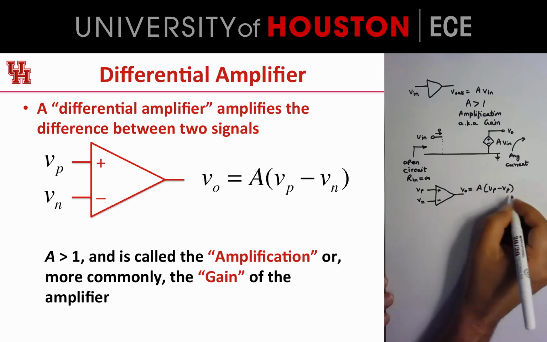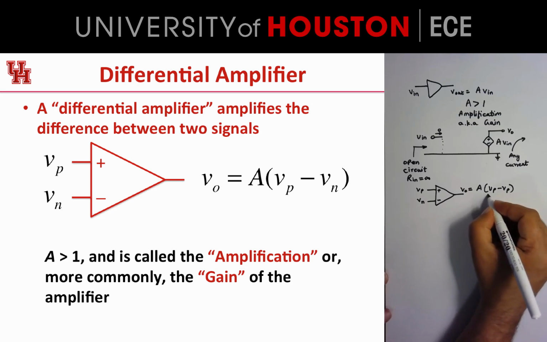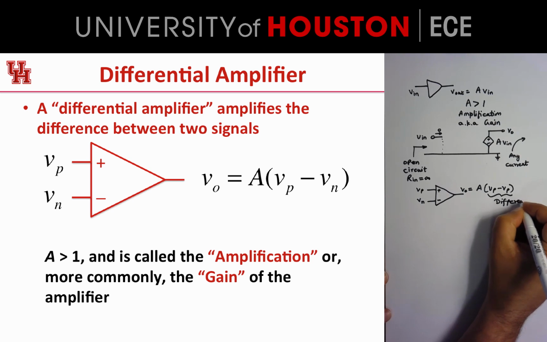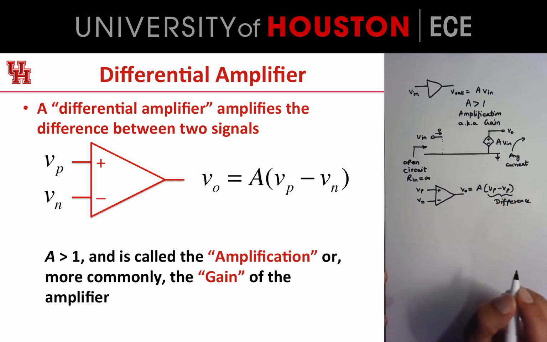For that reason, we call it a differential amplifier. It's taking the difference and then amplifying that difference. A is the same thing, called the amplification or the gain of this differential amplifier.